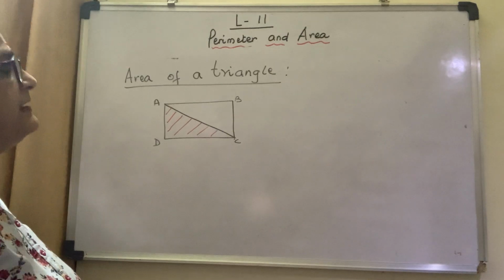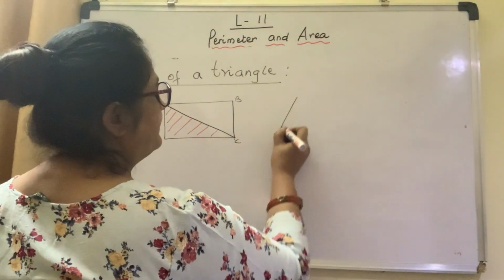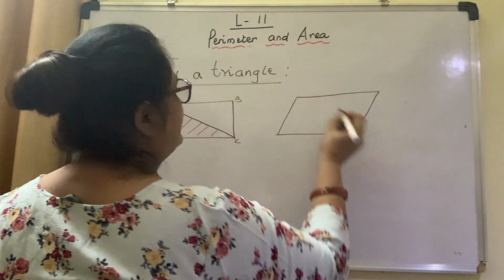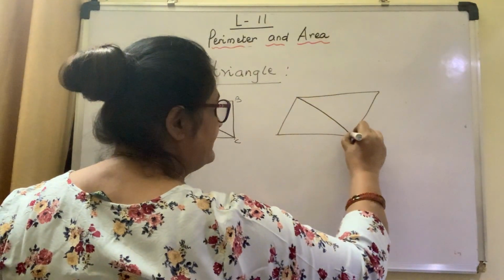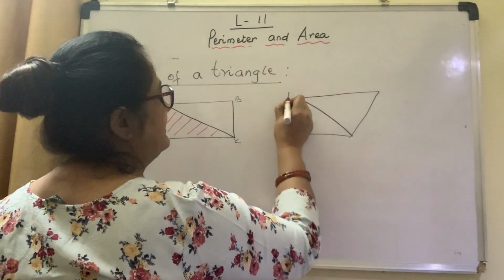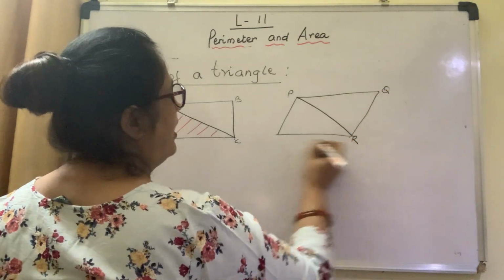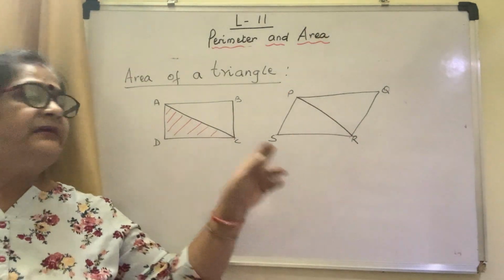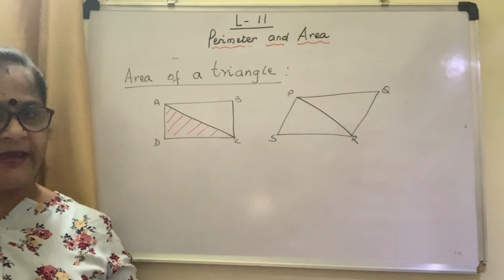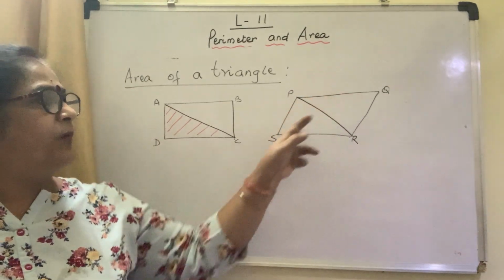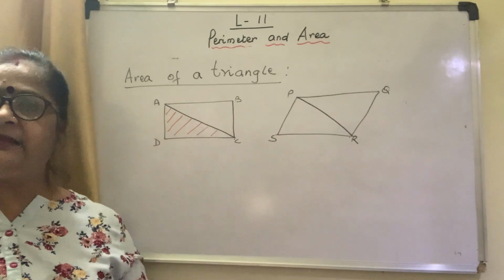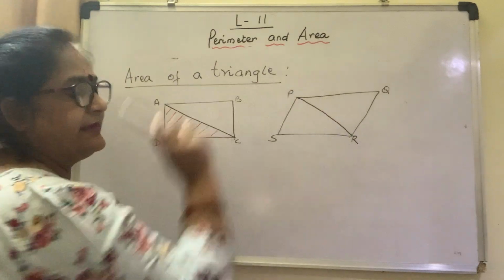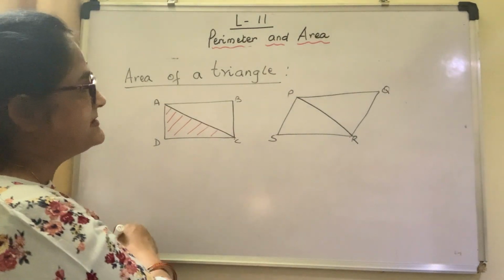Similarly, a parallelogram PQRS is also divided by a diagonal, so the area of the parallelogram is divided into two triangles.